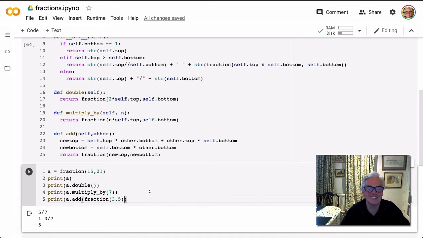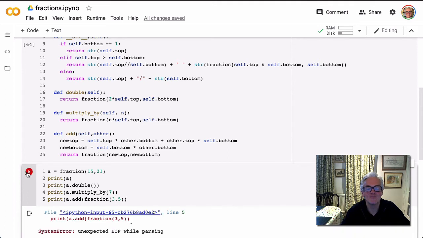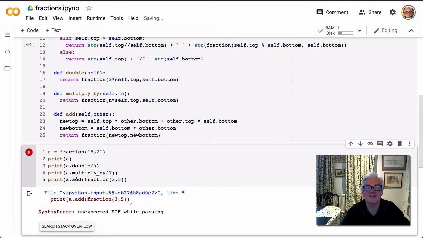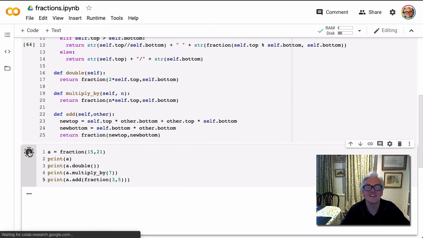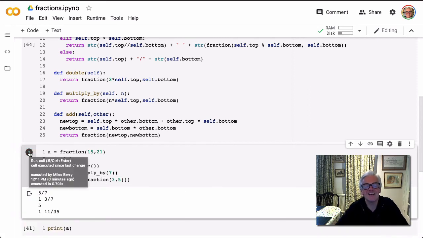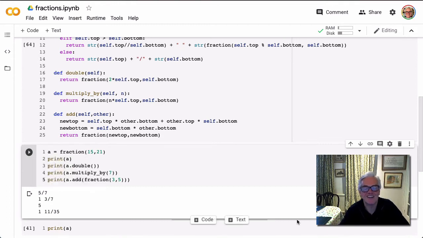We're going to trust that the machine gets it right. Let's see what happens. Oh, unexpected end of file. I think that's a bracket issue, isn't it? Okay, 1 and 11/35. There you go. It wouldn't have made a mistake like that, would it?